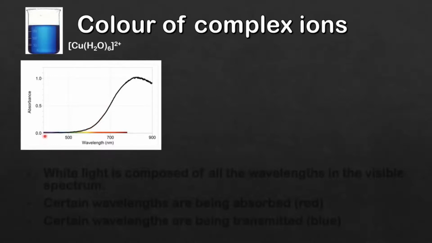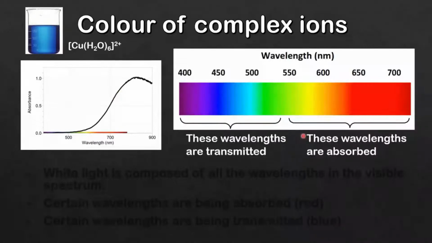Wavelengths of visible light from 400 to about 500 nanometers are being transmitted, and from about 550 nanometers onwards, these wavelengths are being absorbed. The wavelengths being absorbed are mainly orange and red, and the wavelengths being transmitted are mainly blue and green.